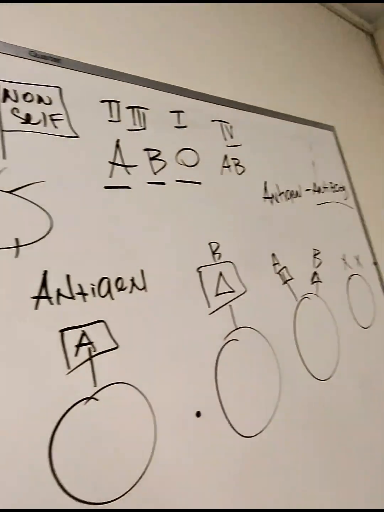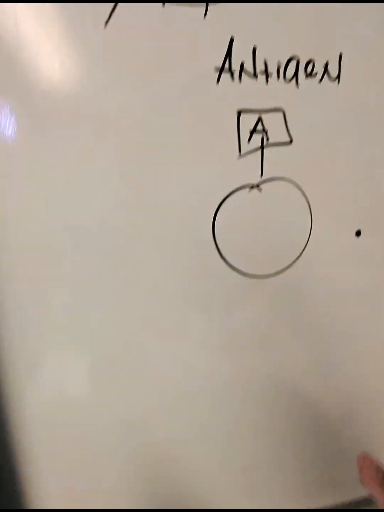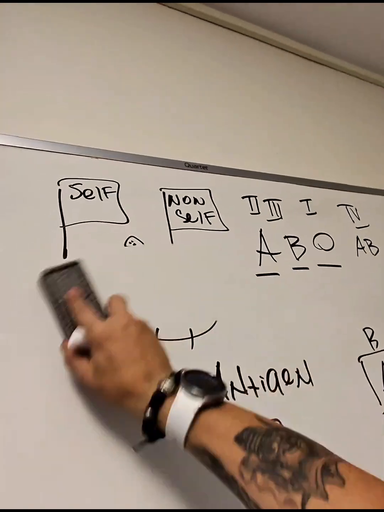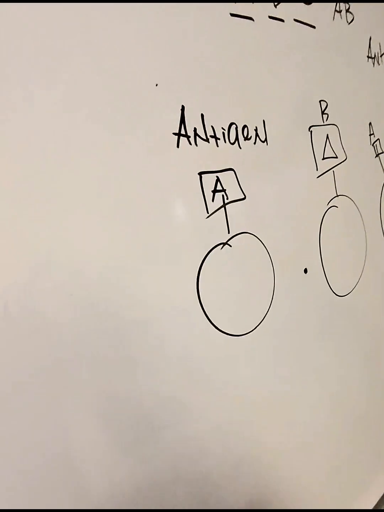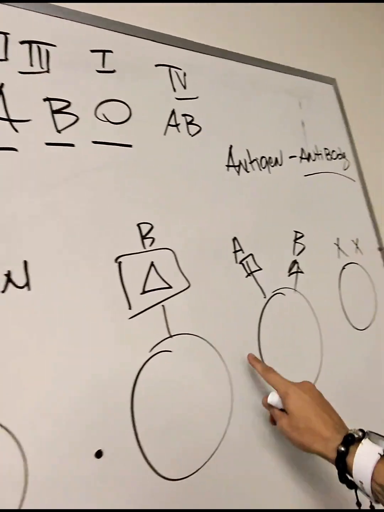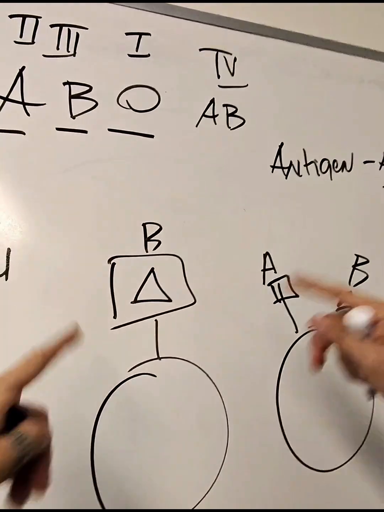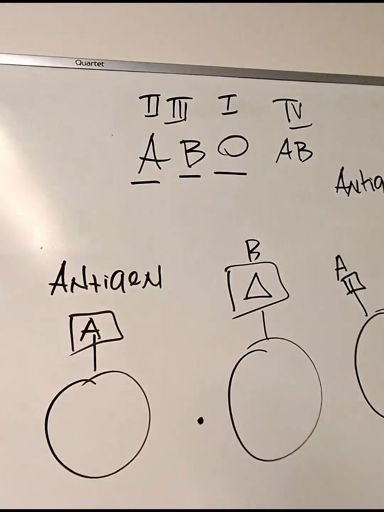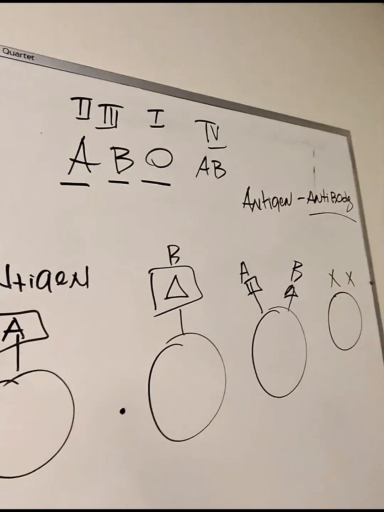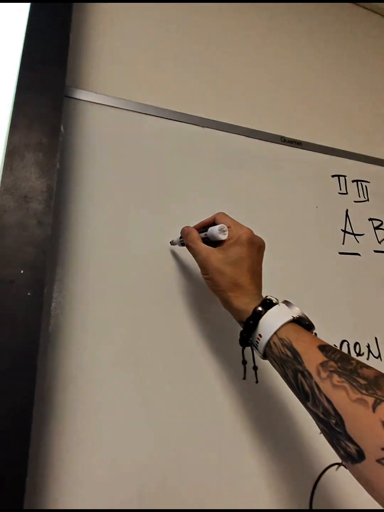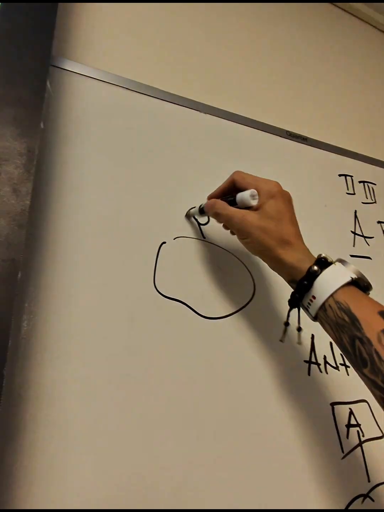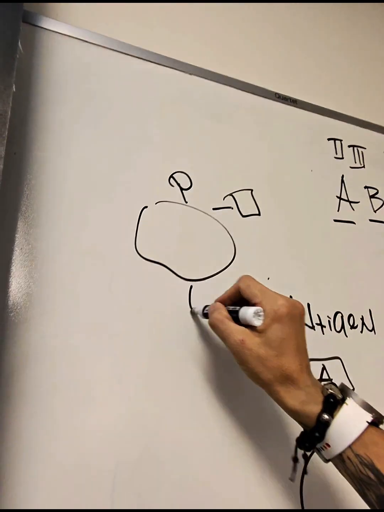It's more complicated than that, but I just wanted to quickly explain what antigens are. Antigens are these chemicals sitting on top of our cells, and they identify our cells. When we do tissue transplantation from one person to another, we want to match as many antigens as possible.